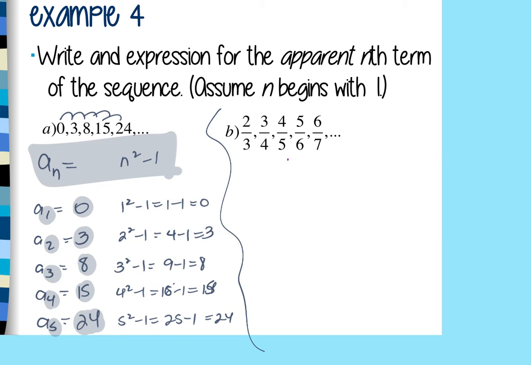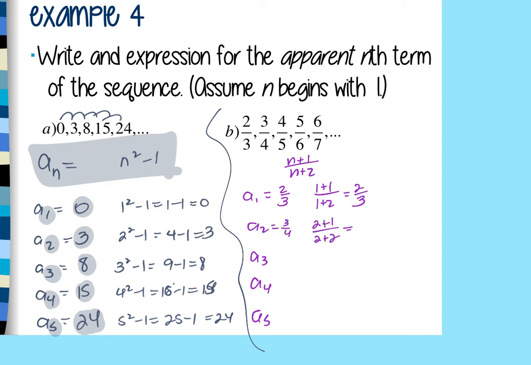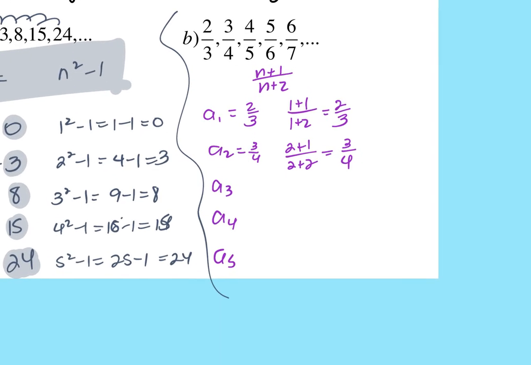N plus 1 over n plus 2. So let's see. A1, A2, A3, A4, A5. This one's 2/3. So we're saying 1 plus 1 over 1 plus 2, 2/3, that works. This one's 3/4: 2 plus 1 over 2 plus 2, 3/4. That works.